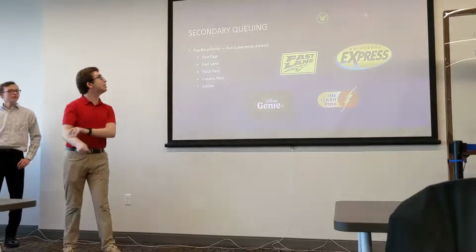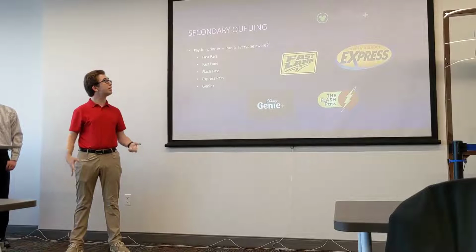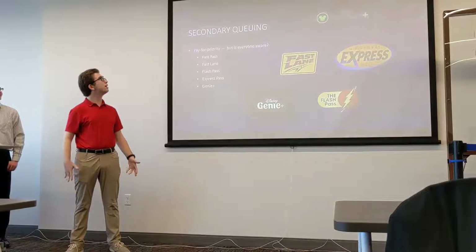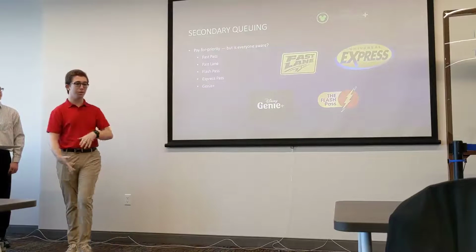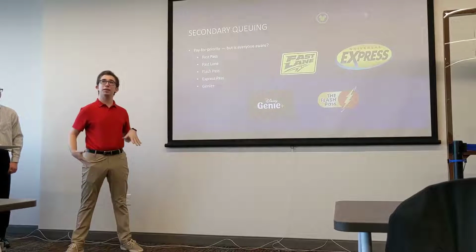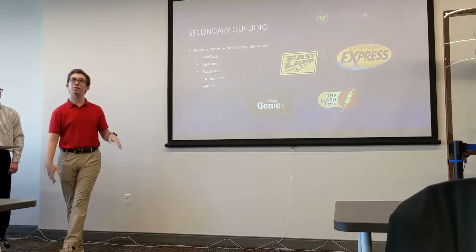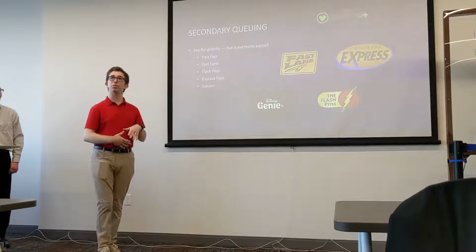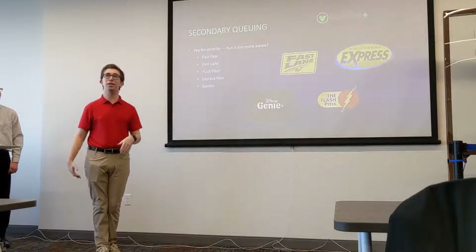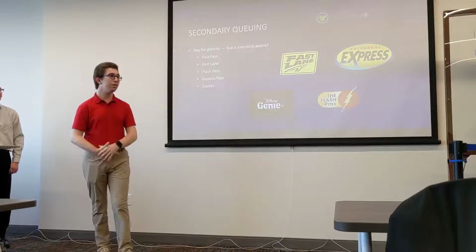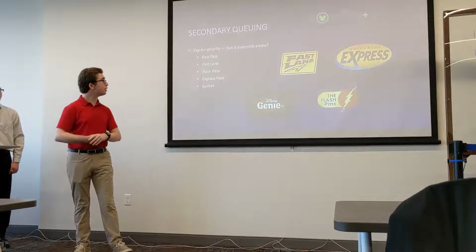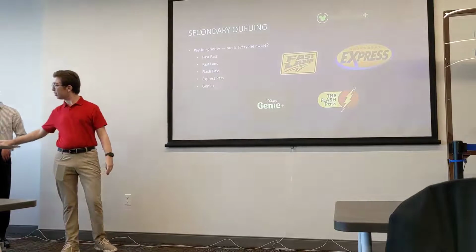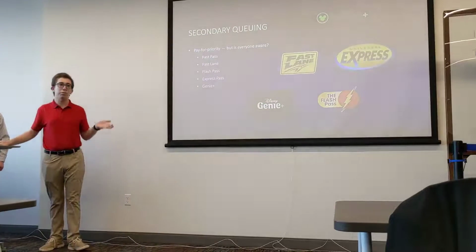All right, so the next part of managing that temporal processing is our secondary queuing. The first type is the pay for priority, such as our Fast Lane, Universal Express, Genie Plus, and the Flash Pass, seen at multiple different parks. But is everyone aware of these programs?